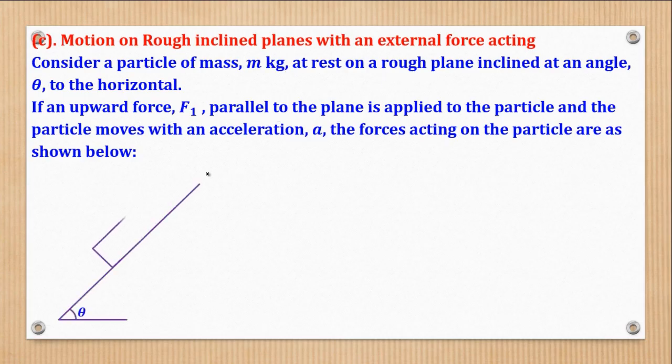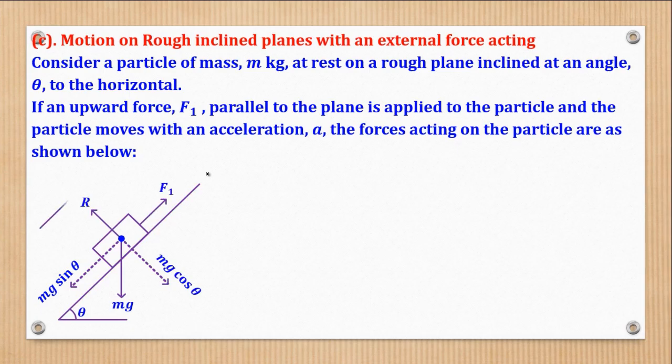So we shall draw our diagram using a ruler, put the weight, resolve the weight parallel to the plane and also perpendicular to the plane. Then normal reaction. Now here they say there is a force pulling, so put a force pulling F1. That means that now the particle will move upwards. And because it moves upwards, friction will act downwards.